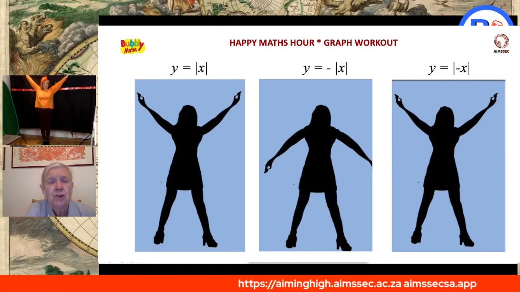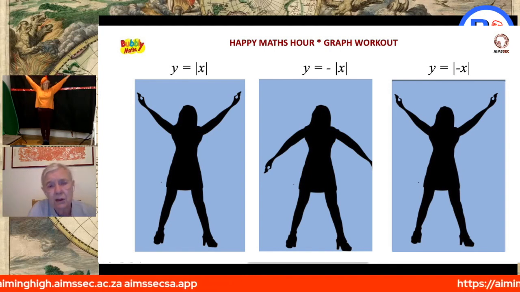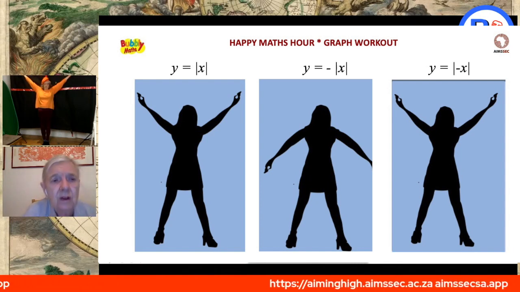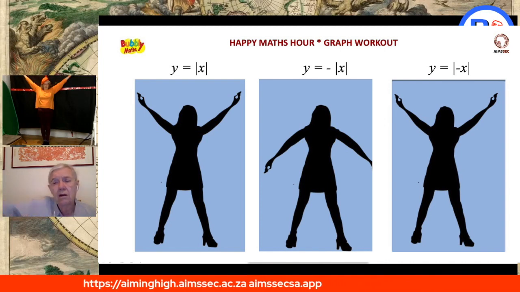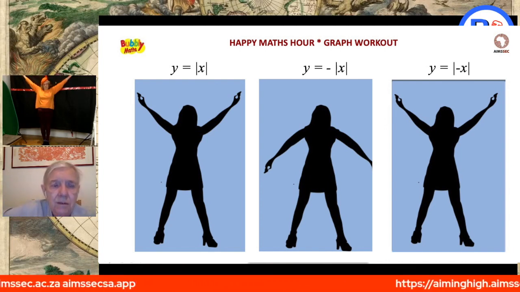Now, what she is showing you is, with one arm, y equals x. That's clear because y equals x has to be halfway between the x-axis and the y-axis.